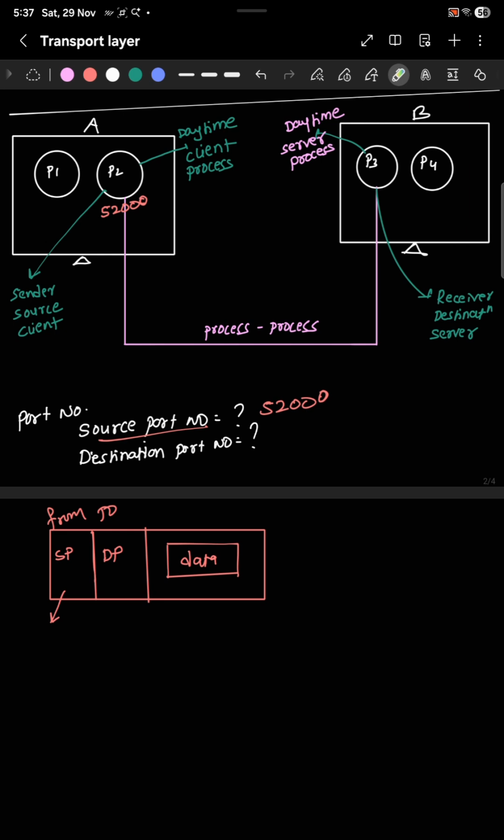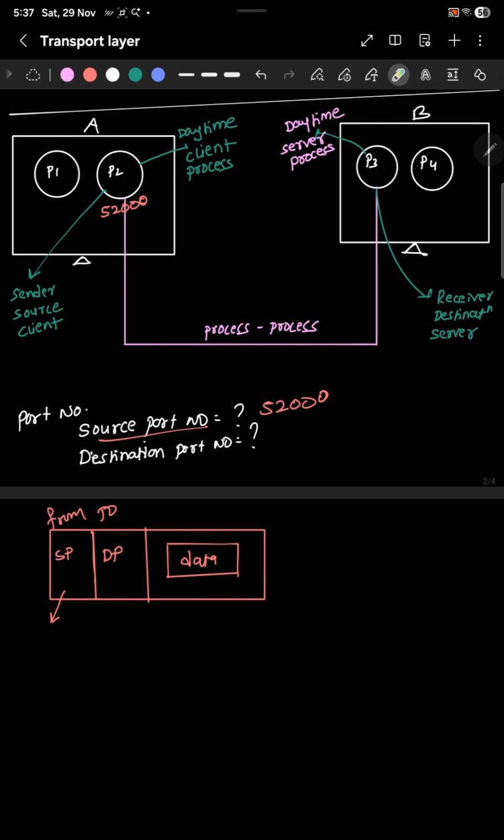Now suppose the destination port address is randomly generated by the operating system, then there is a problem. See what will happen. When P2 wants to send a packet, I told you previously also that this data is inside one header.